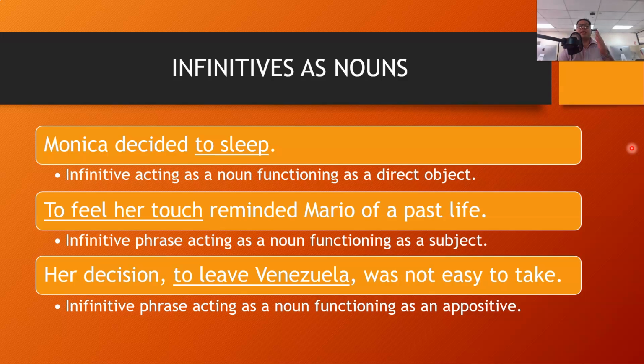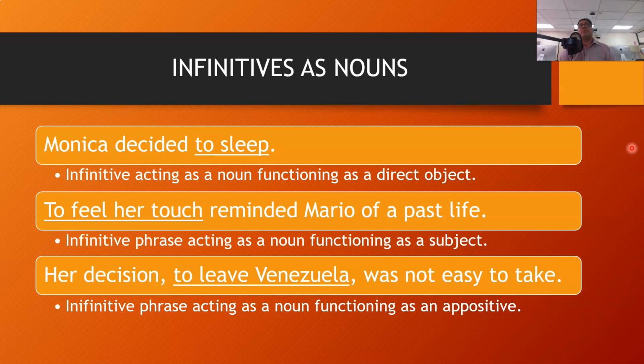best approach we can take to decide that an infinitive is a noun is to check if it has the function of a noun. So, if an infinitive is acting as the subject of a sentence, then of course that infinitive is to be classified as a noun functioning as a subject. Or if it's a direct object, then we know that that's also an infinitive acting as a noun.